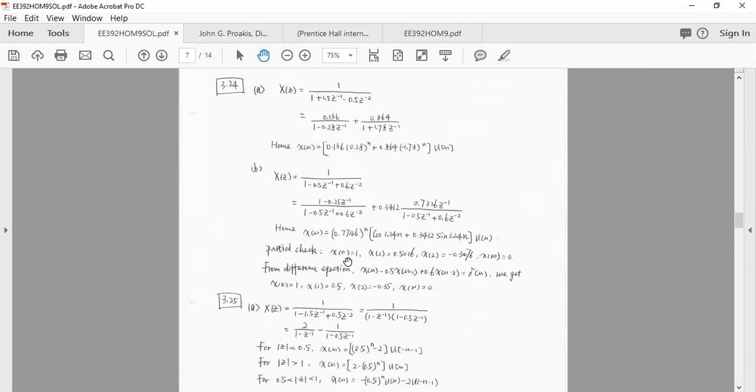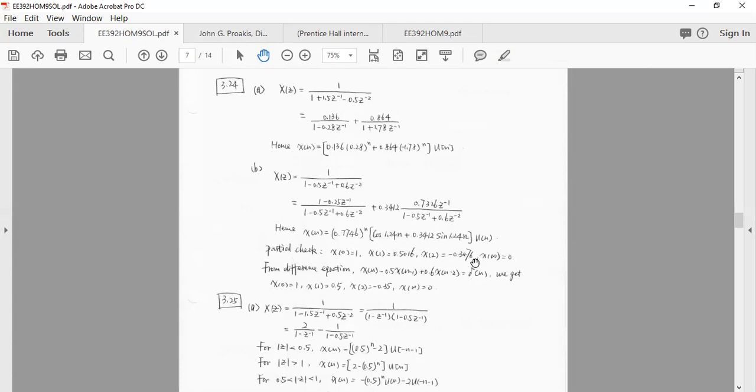If we find x of 0 of this signal, we get 1. x of 1 is equal to 0.5016, and x of 2 is going to give us negative 0.3476, and x of infinity is basically equal to 0, because of the decaying term, the number of decimal places increases and it approaches 0.